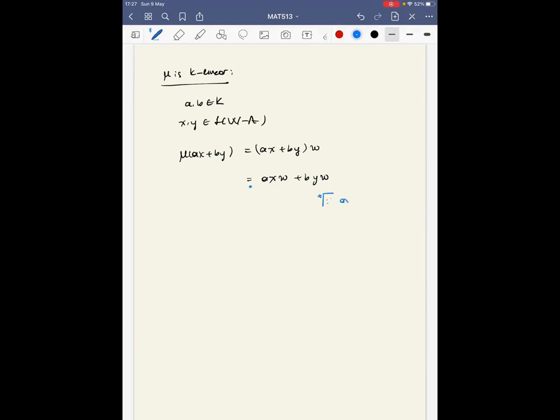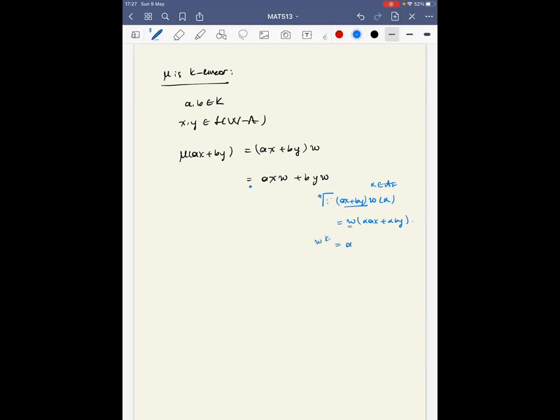because just by the definition of the Weil differential of this product regarding the adeles from the adele space, by definition of the multiplication, we know that this is a times x, b times y, and omega is linear.